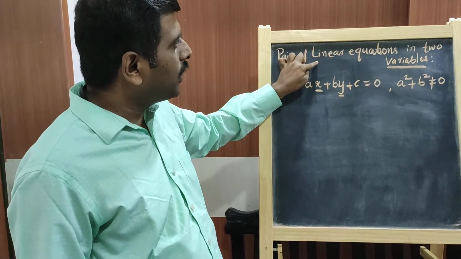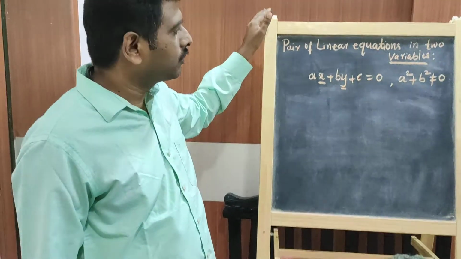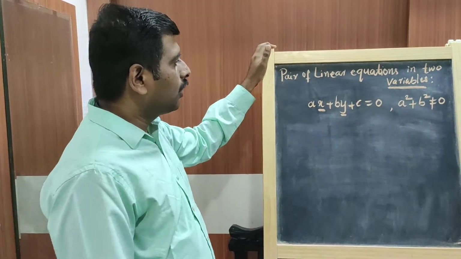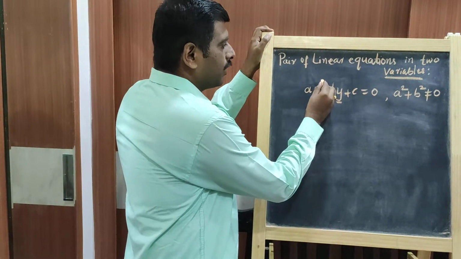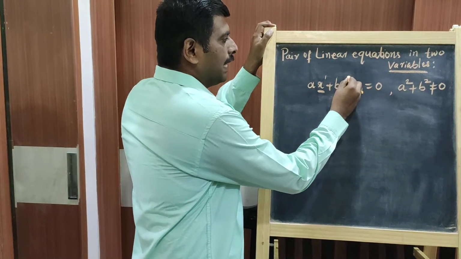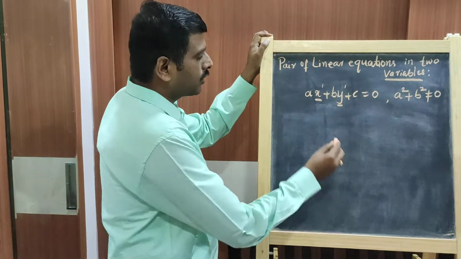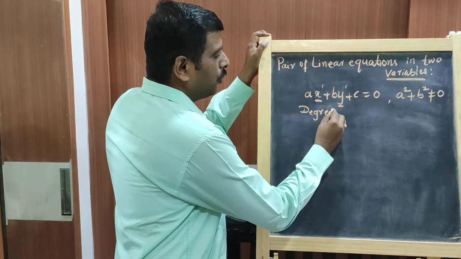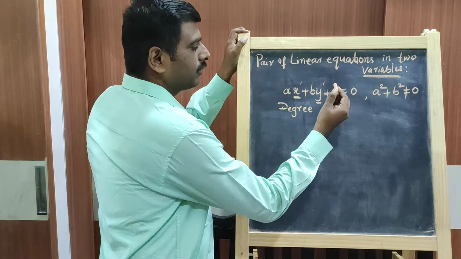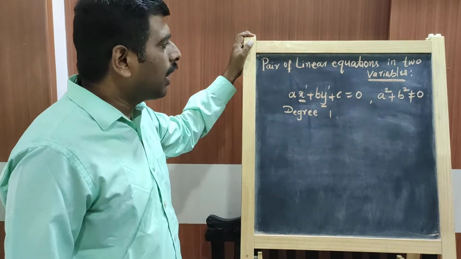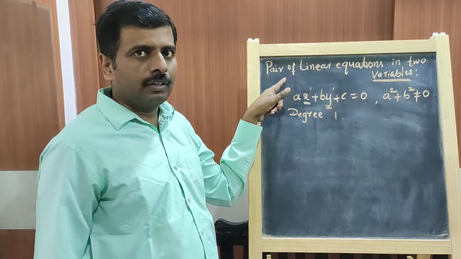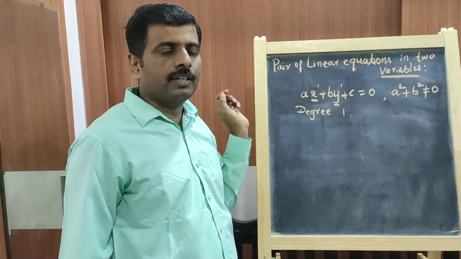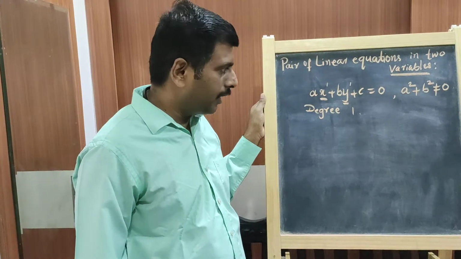First of all, what is a linear equation? An equation of degree 1 is called a linear equation. Here the term is degree. What do you mean by degree? The highest power of the variable in the equation is called the degree.